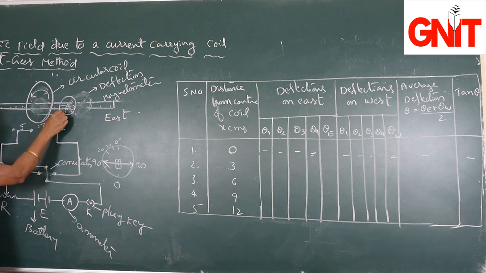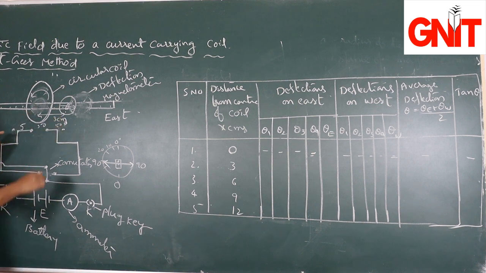Measure this distance to be equal to 3 centimeters. There is a marking here, on this also there is a marking. So this distance you will take equal to 3 centimeters, and you know that the magnetic field will become less as you go away from the center of the current carrying coil. So, definitely you will get an angle less than the previous one.